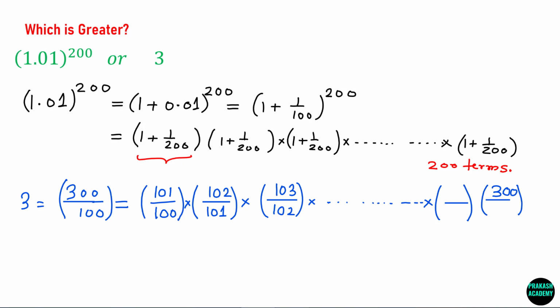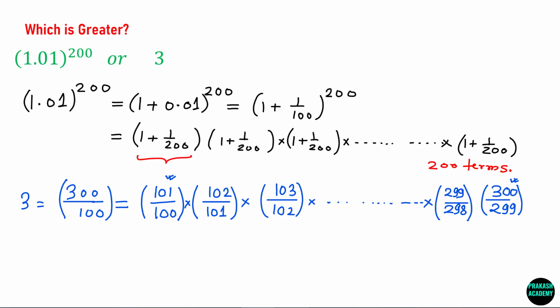The last term, because you have started with 101, here in the numerator you already have 300. So here you will have 299, and there again you will have 299, and here you will have 298. So this basically includes 200 terms.